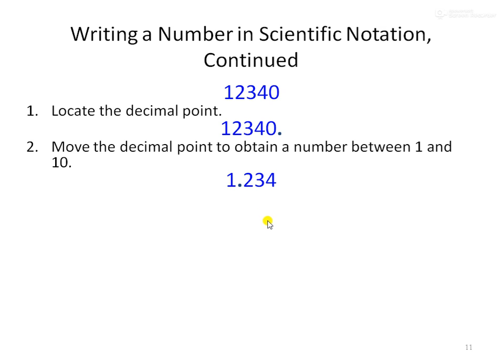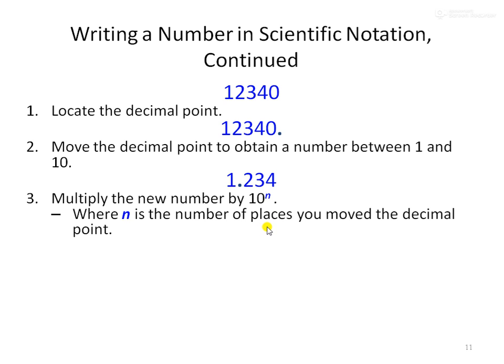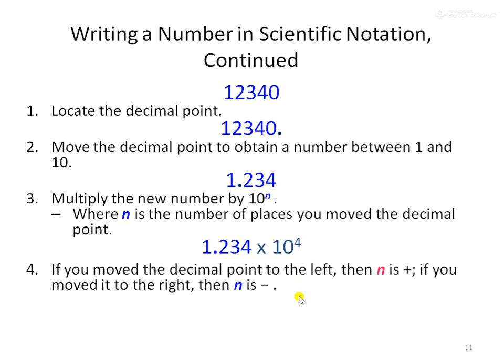You have to keep in mind how many positions you have moved the decimal. In this case you have moved 4 places, so the power will be 4 since you have moved the decimal towards the left. So this is how it is done.